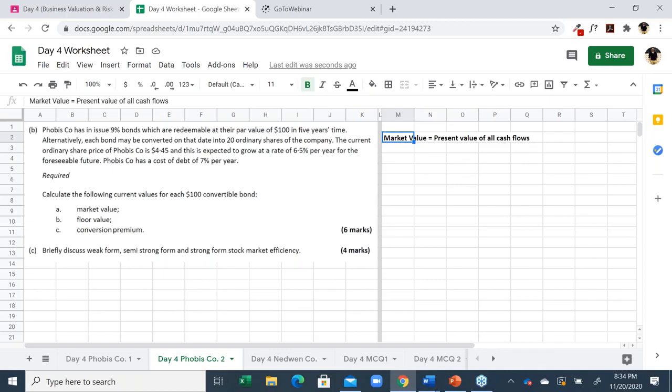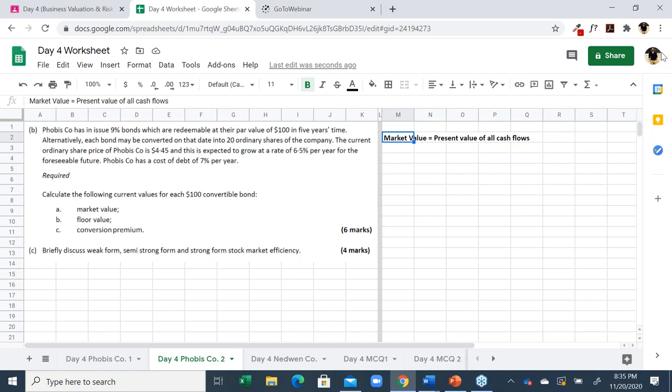Now just understand that there are two types of cash flows that investors will be getting against these bonds. Number one, the interest payments, and number two, the amount that they will be getting on redemption.